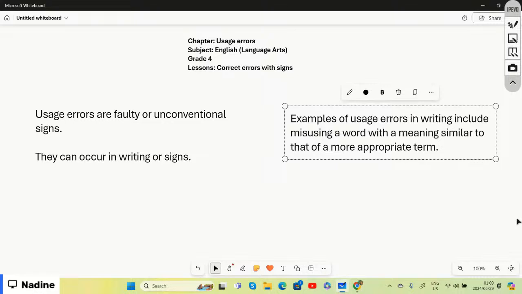And usually the most appropriate terms would be your homophones or your idioms, or basically just words that you'll see on specific signs, right?